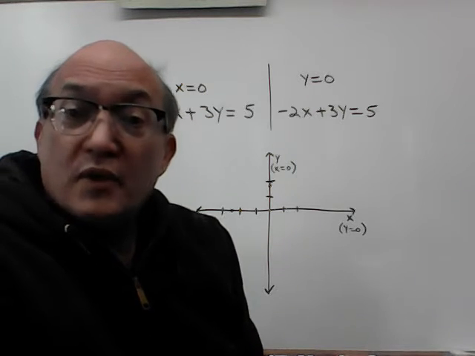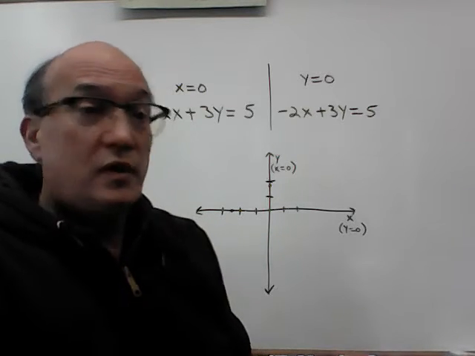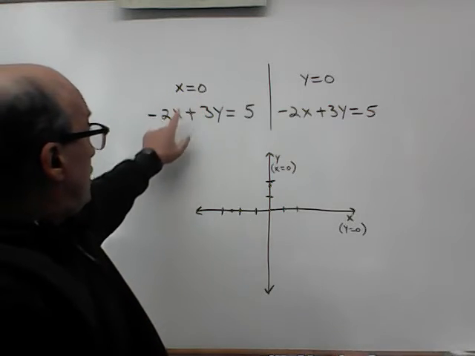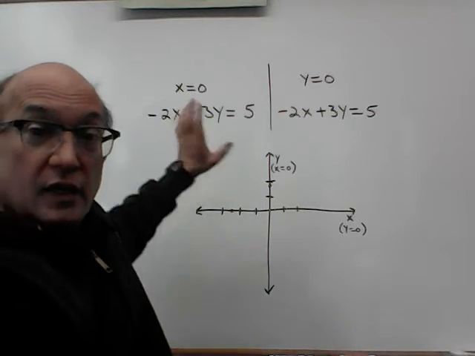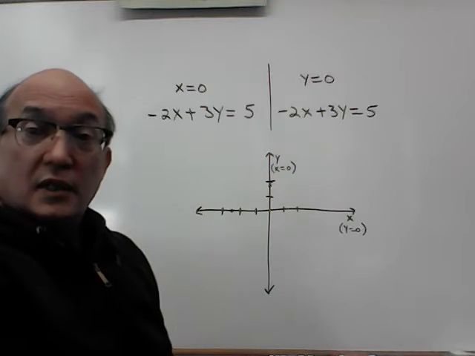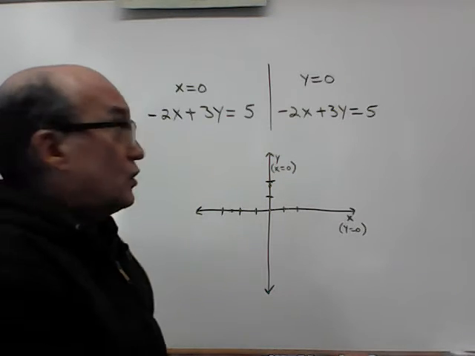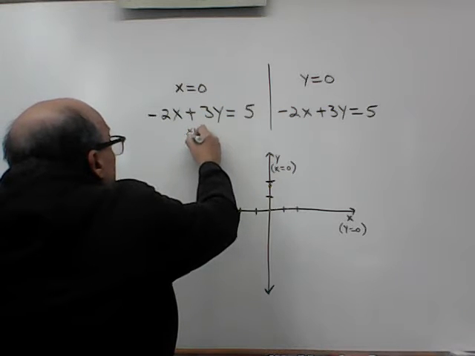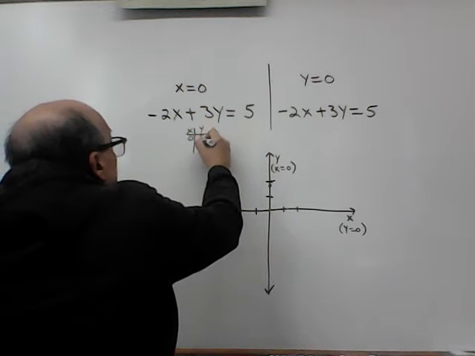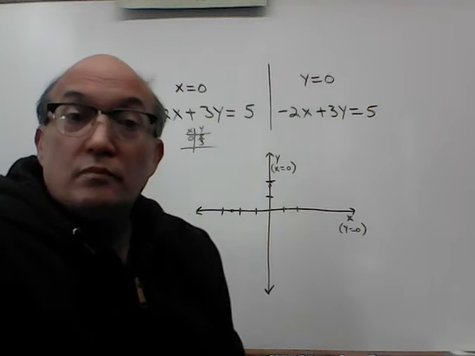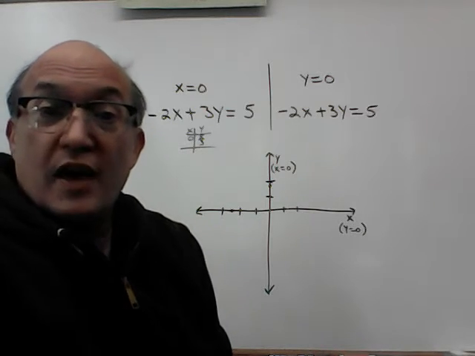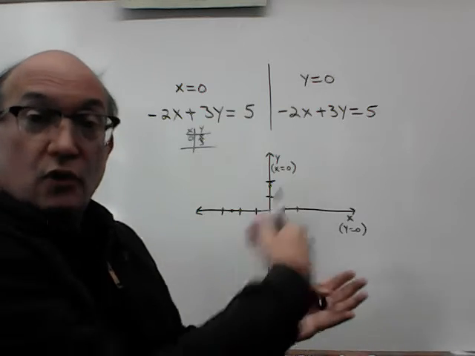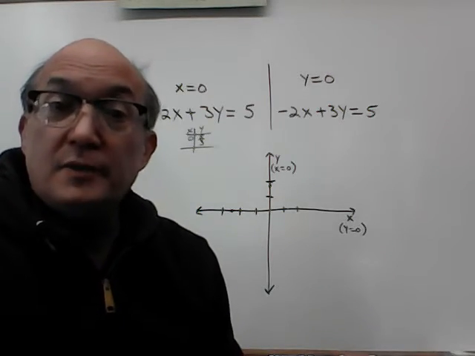Well, these are both very simple to solve by the substitution method. We substitute 0 in for x here, and we can do this entirely mentally and get y equals 5/3. So the point 0, 5/3 is on this line because 0 and 5/3 make a true statement.